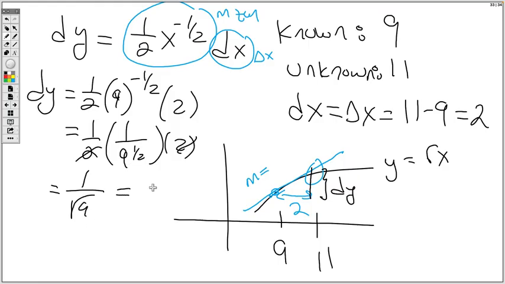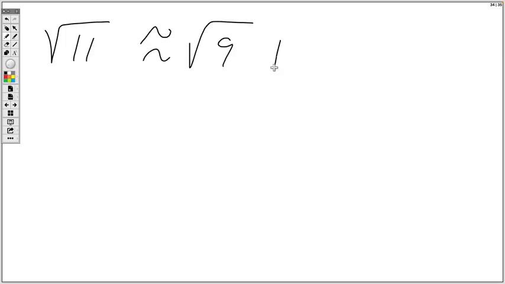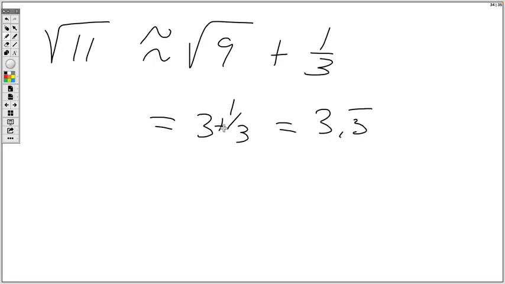And so this is what? 1/3. So the square root of 11 is roughly the square root of 9 plus 1/3. So that's 3 and 1/3, or 3.3 repeating for those that like the decimals.